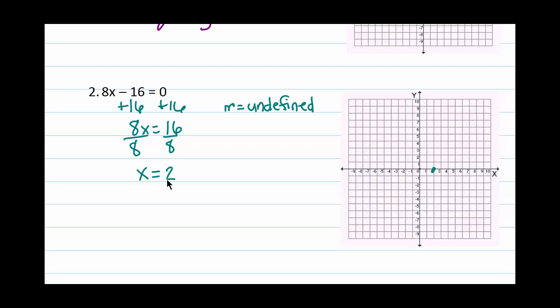This is a line where my slope is undefined. That means that it doesn't matter what y is, x has to be 2. So therefore, like we talked about with slope, it is a vertical line.